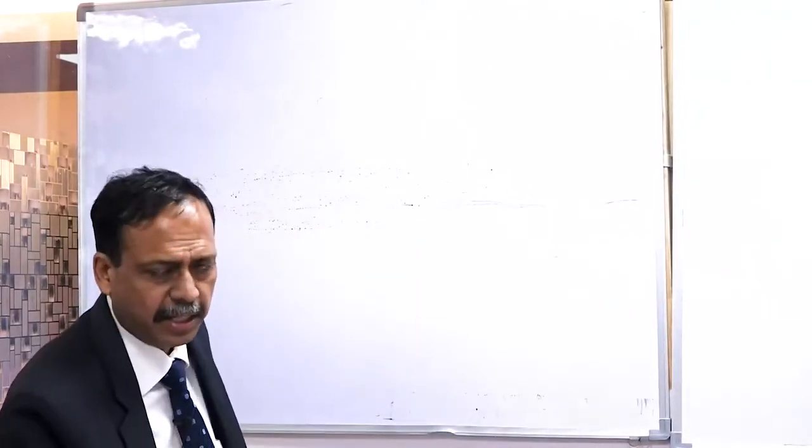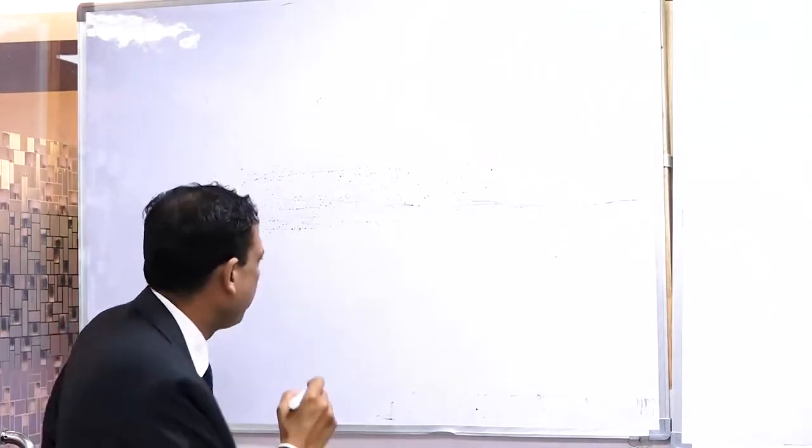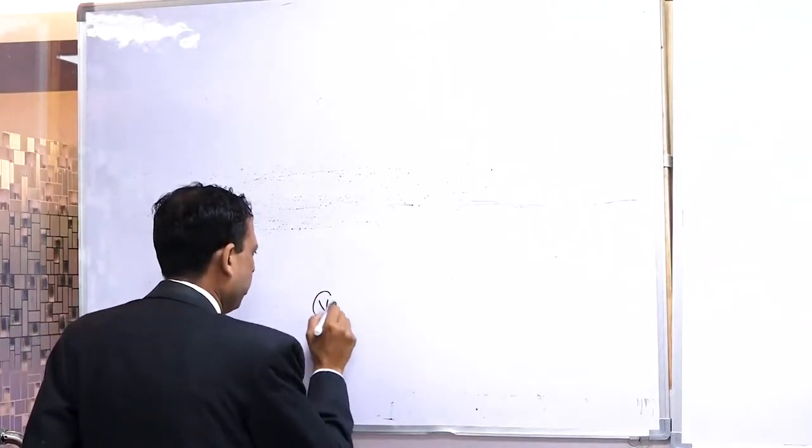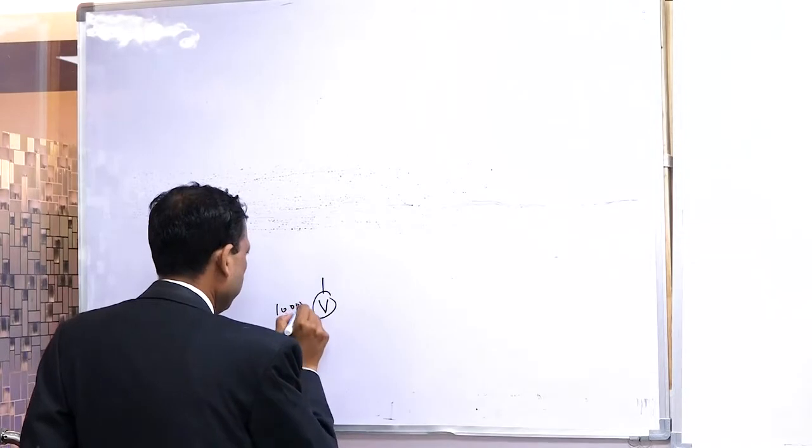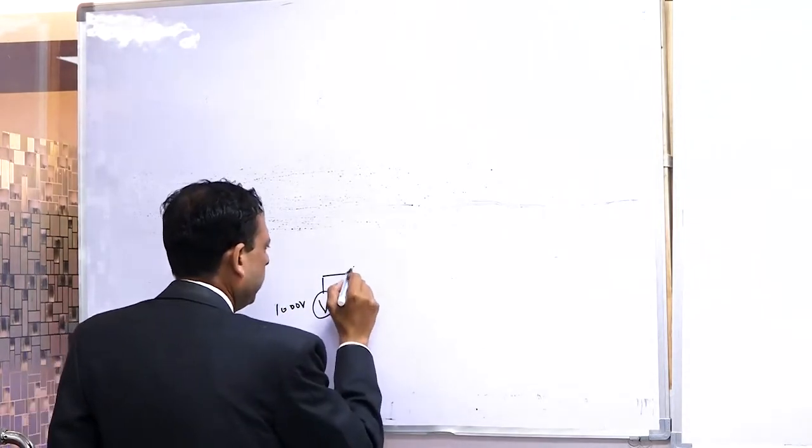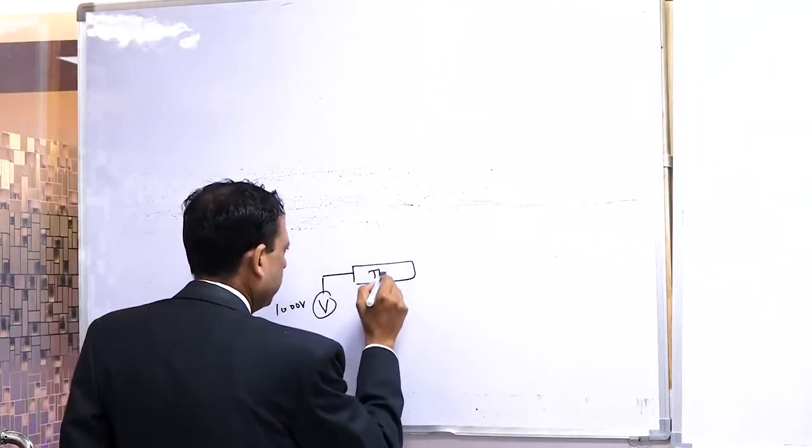Whenever the load is there, whenever the thyristor ratings are there, if we have to do something, now again I am coming to that voltage. Again the voltage is 1000 volts, and then we have a thyristor.